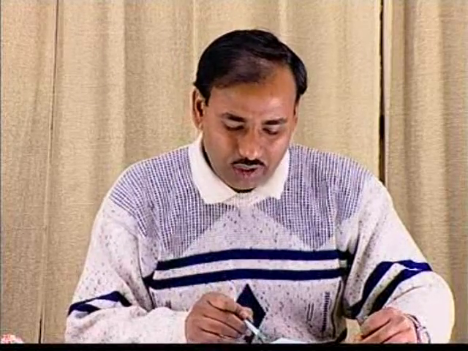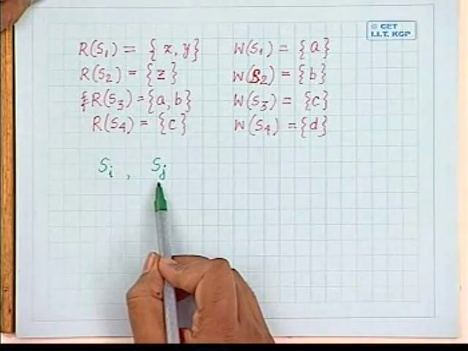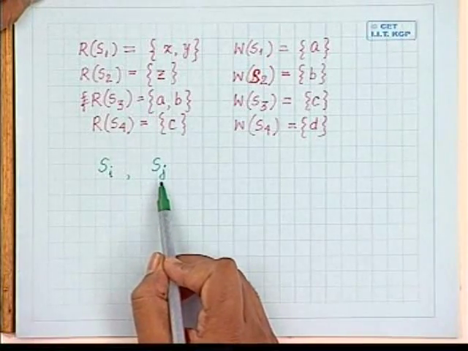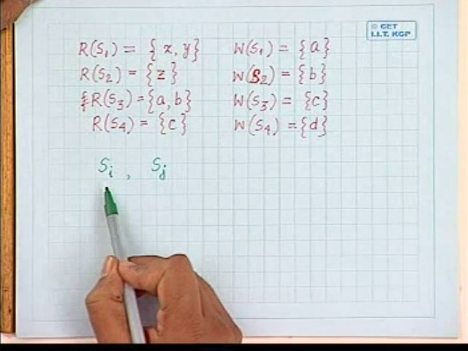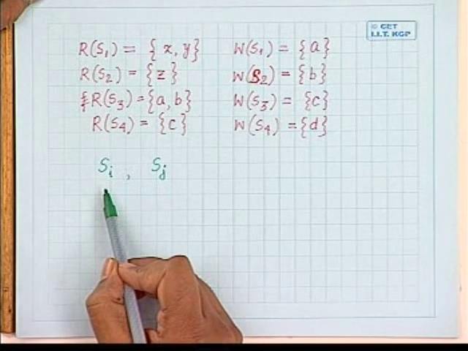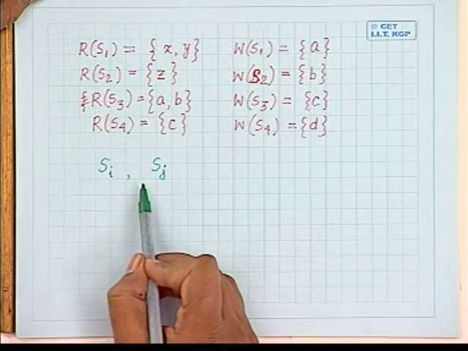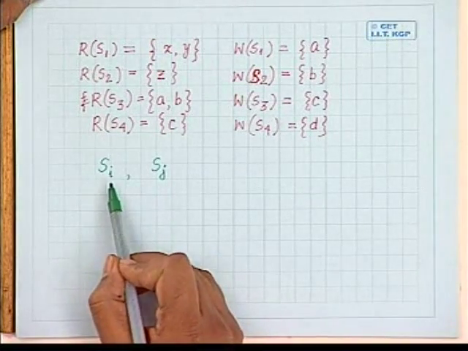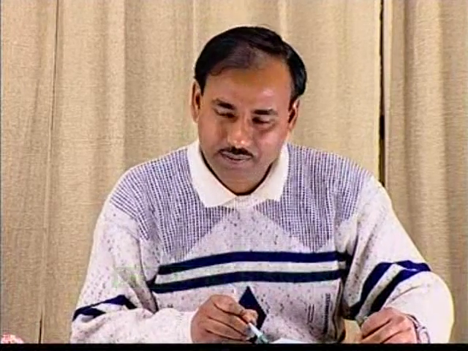So, if the write set of Sj does not intersect with the write set of Si or read set of Si, similarly, if the write set of Si does not intersect with the read set and write set of Sj, then Si and Sj can be executed concurrently.